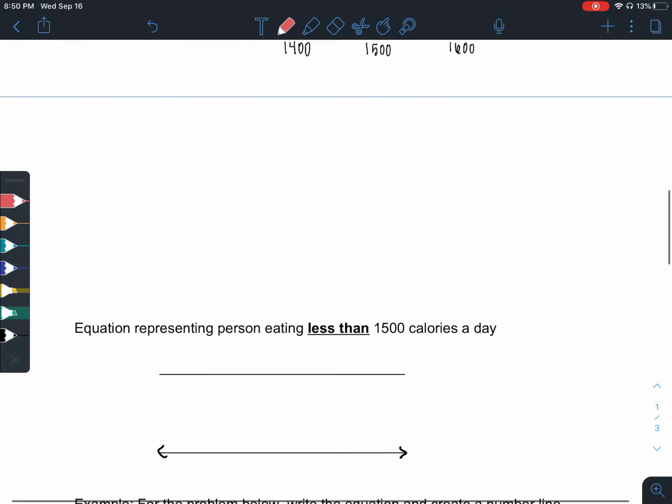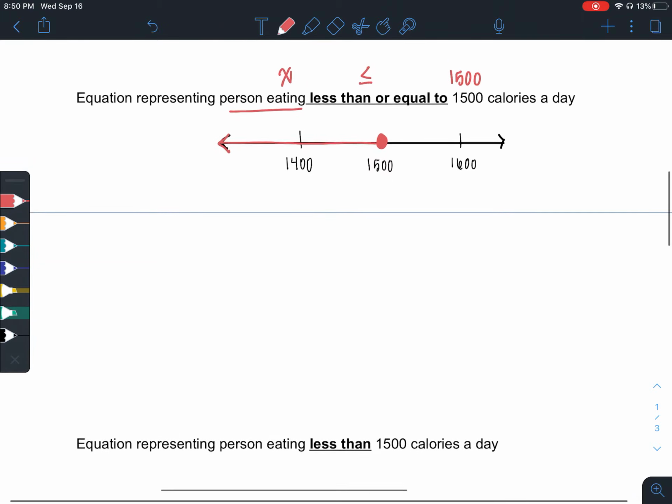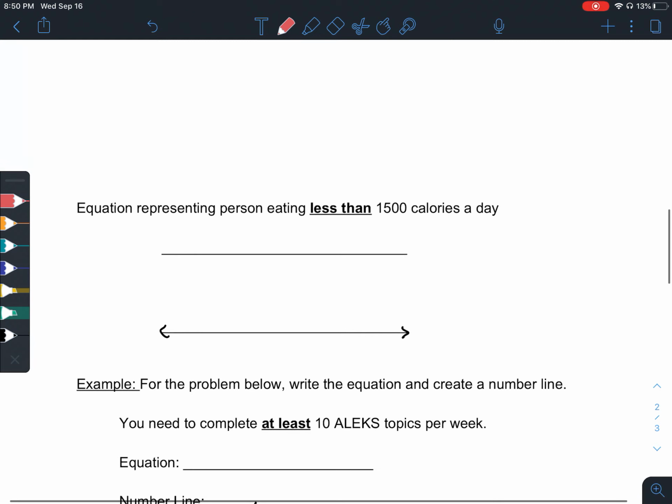All right, next up. It says write an equation for a person eating less than 1,500 calories a day. Go ahead and do that one on your own. What you should have written was x is less than 1,500.